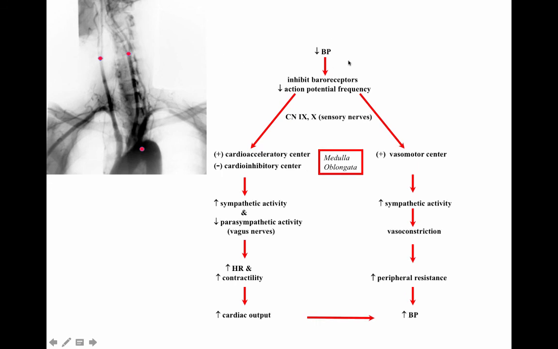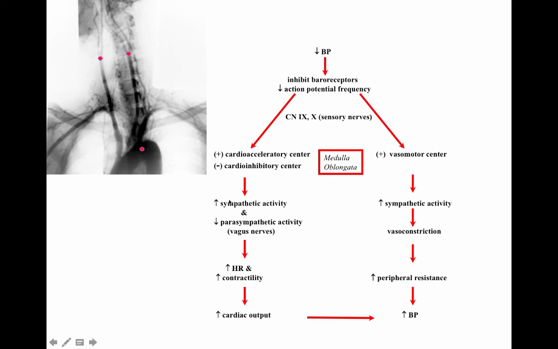And that was the response to increased blood pressure through the reception in baroreceptors in the aorta and the carotid arteries. If we take a look at a scenario where we have lower blood pressure, then we see inhibition of the baroreceptors and a decreased action potential frequency using the same sensory nerves 9 and 10, glossopharyngeal and vagus. The same centers of the medulla oblongata are engaged.